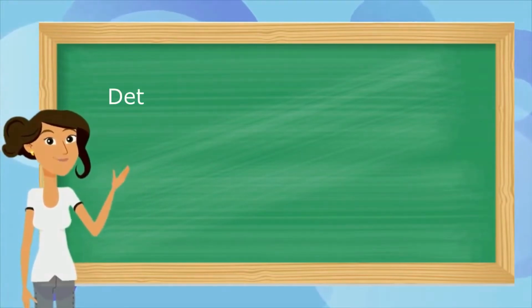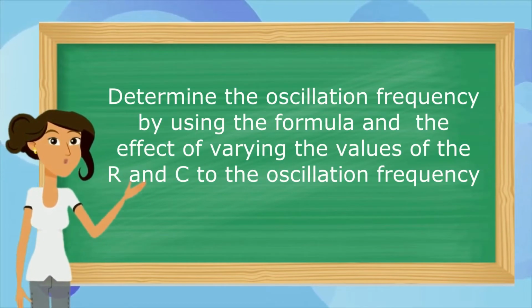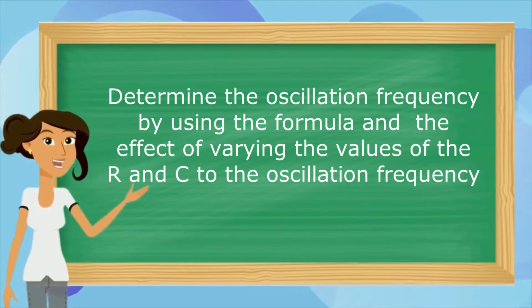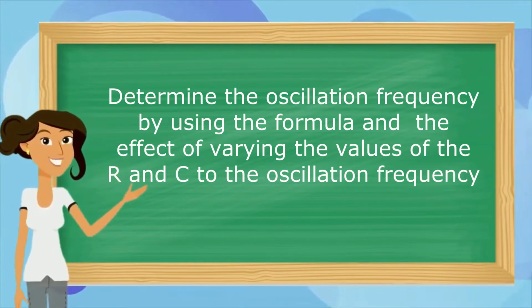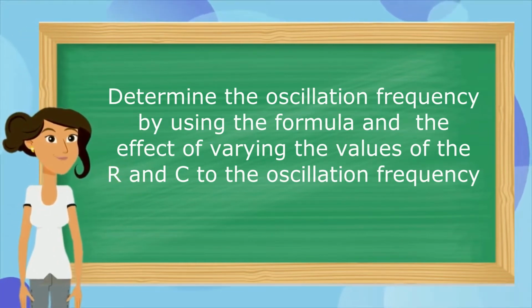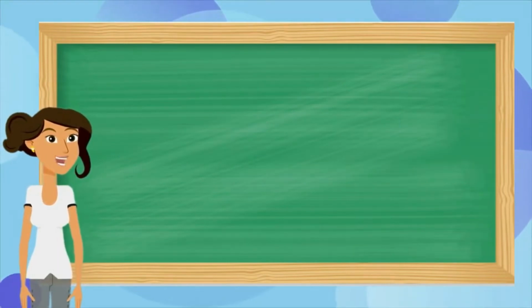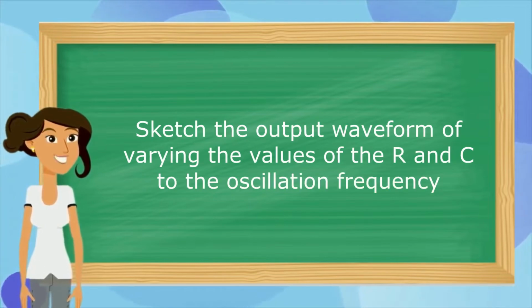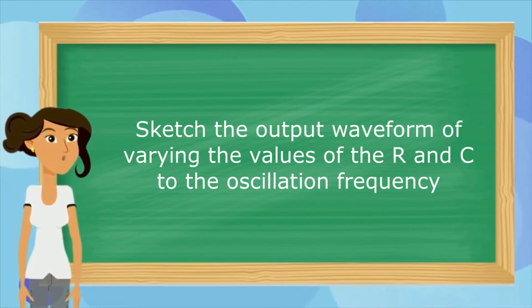Second, determine the oscillation frequency by using the formula and the effect of varying the values of R and C on the oscillation frequency. And the last one, students will be able to sketch the output waveform when varying the values of R and C on the oscillation frequency.